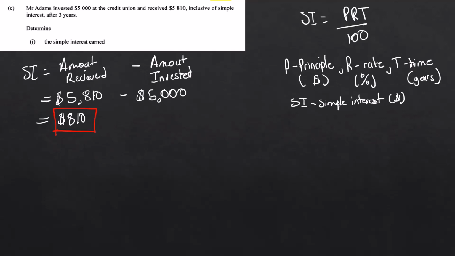So this is where the formula comes in. Conceptually, you can already tell what simple interest is. But they now ask for the annual interest rate paid by the credit union.